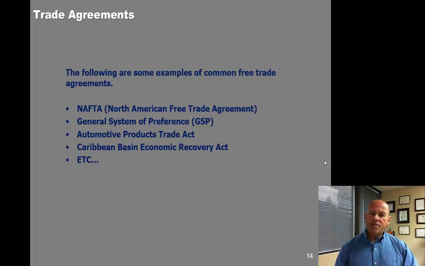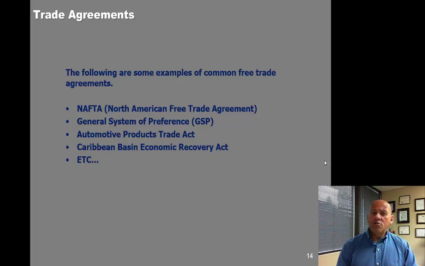Part of applying for NAFTA is demonstrating in your paperwork the classification that gives you permission to fall under NAFTA. So there's different what's called preference criterion. It's important to check with your customs broker on what this preference criterion is. In other words, the formula in which you're claiming NAFTA origin for your products.